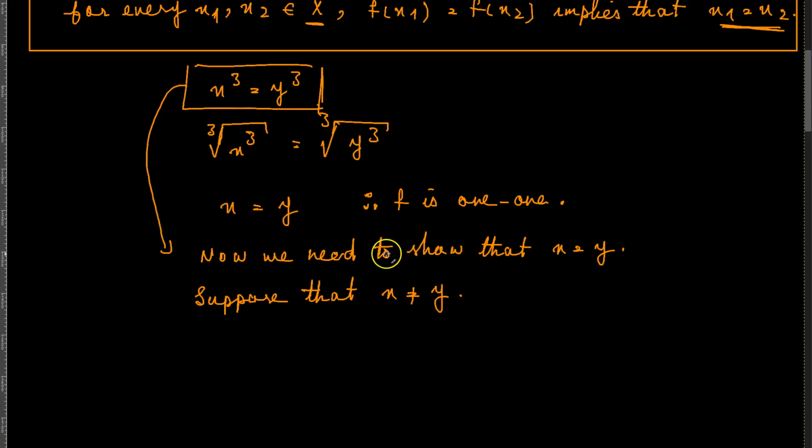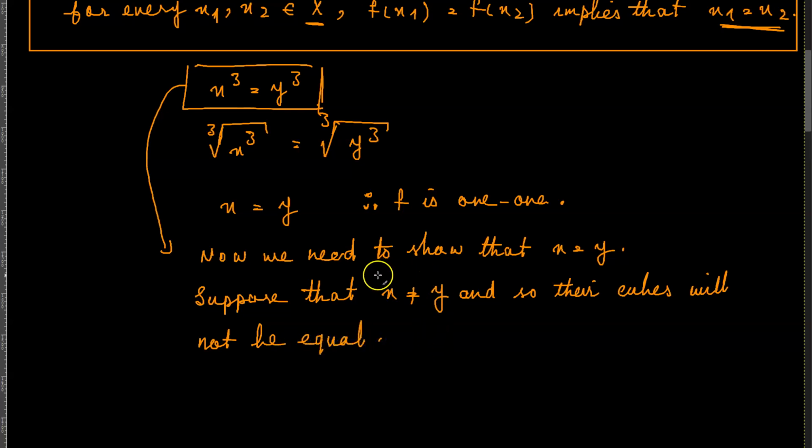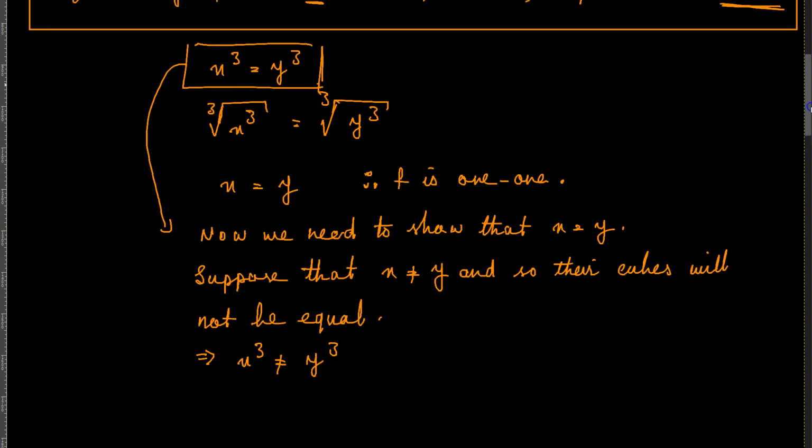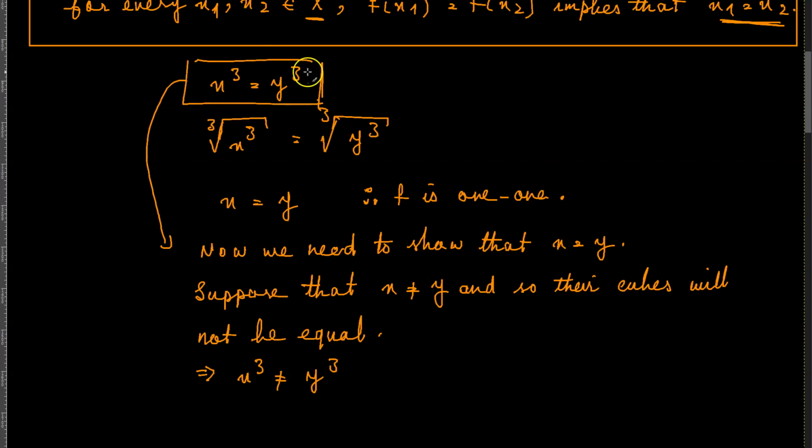Their cubes will also not be equal, which implies that x cubed is not equal to y cubed, right? But here we said that x cubed is actually equal to y cubed.